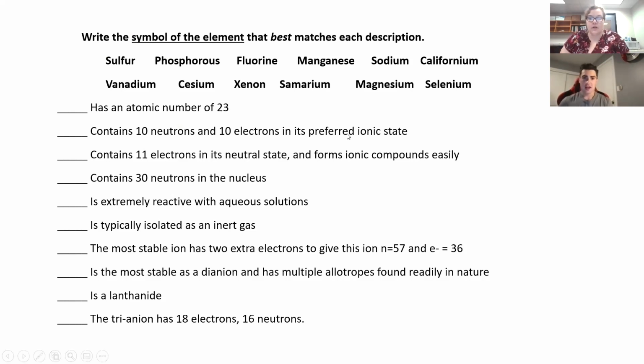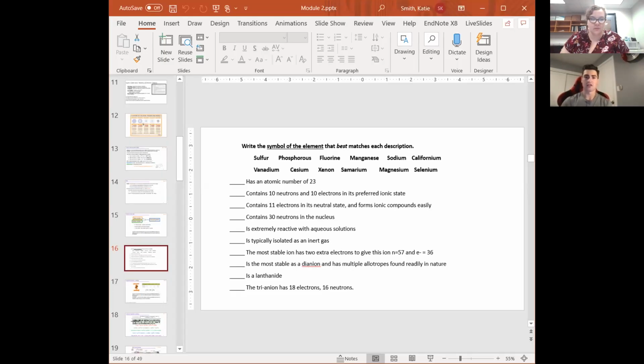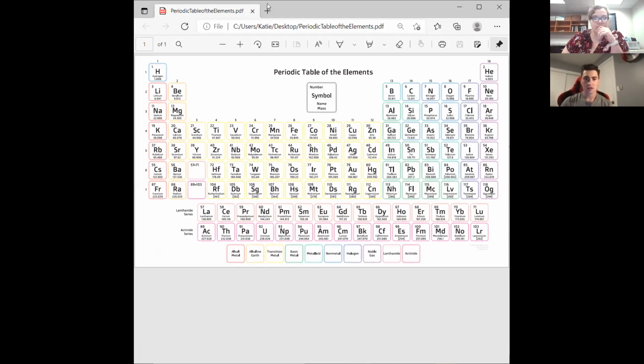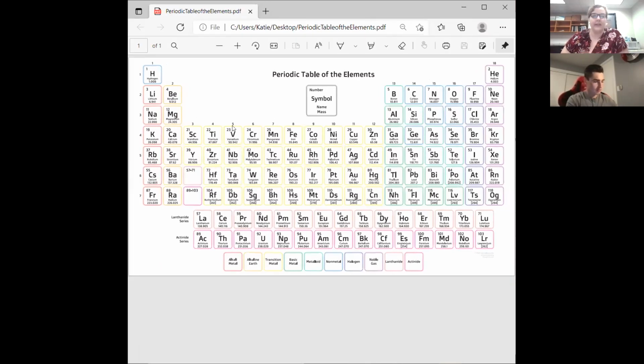Okay, so we need to talk about preferred ionic state. Let me pull this up. Can you see this? Yeah. So like I was saying, here are the transition metals. These can have multiple ionic states. Here on the left, we're going to have positives, cations.